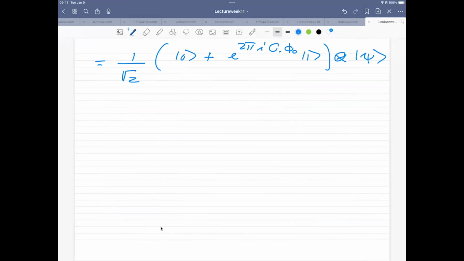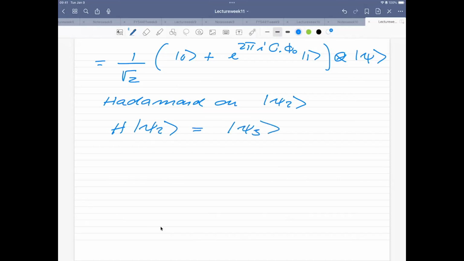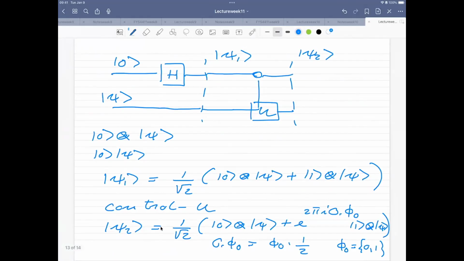The next thing I can do now, so this is the state psi 2, is have a Hadamard again on psi 2. If I do that, this H on psi 2 gives me a new state, psi 3. So if I write it out again, I have a Hadamard here again, and then I end up with a new state, which is my state psi 3.